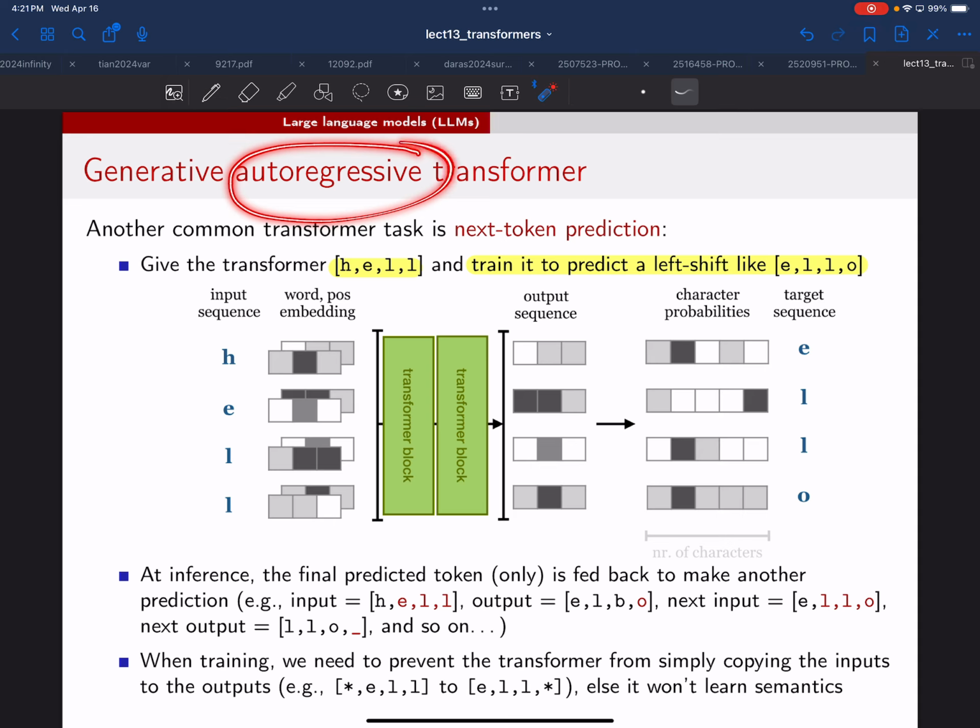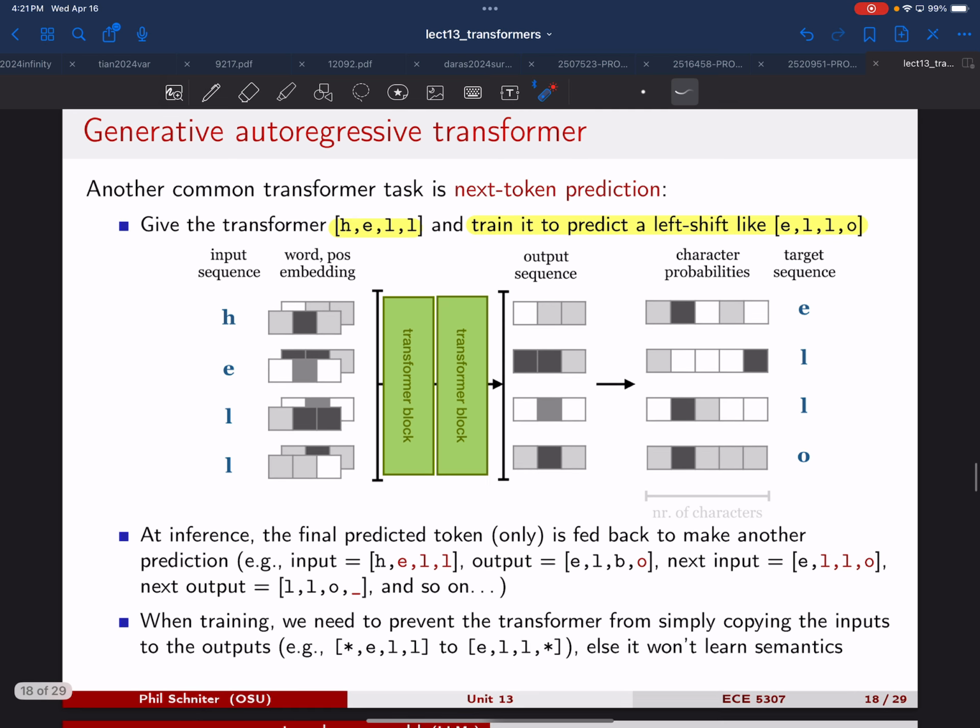The reason it's called autoregressive is if you keep doing this over and over, you can generate long strings of text. A few details on that. Remember that this transformer is a sequence-to-sequence predictor. This is how you train it, this is the target, but in reality it may give you something very different.